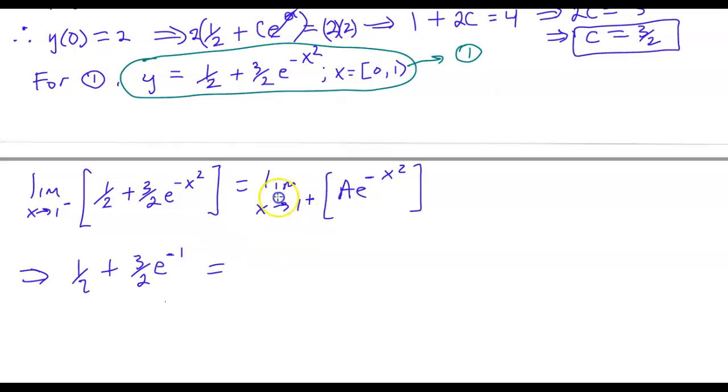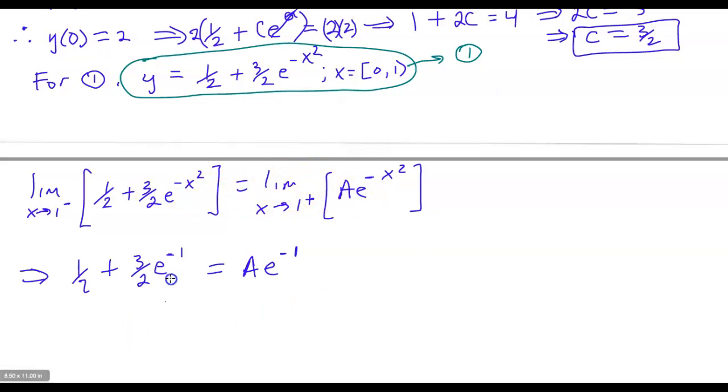And on the right side here, we'll have a times e raised to the negative 1. And of course, we can do that because 1 is in the domain of both pieces of the piecewise function, interpreting them as functions.